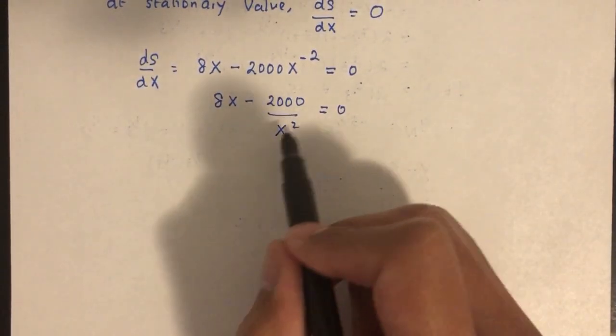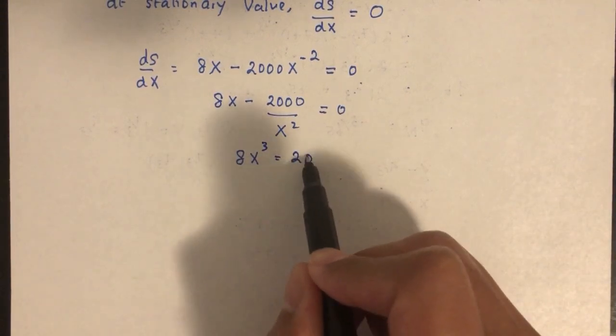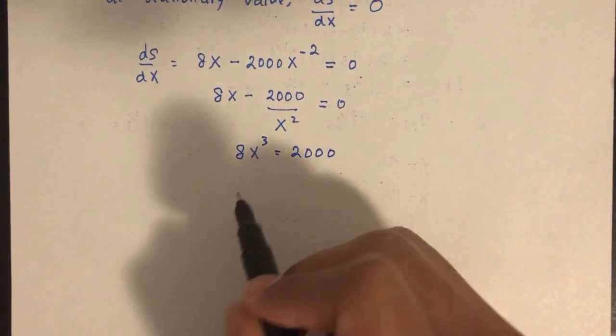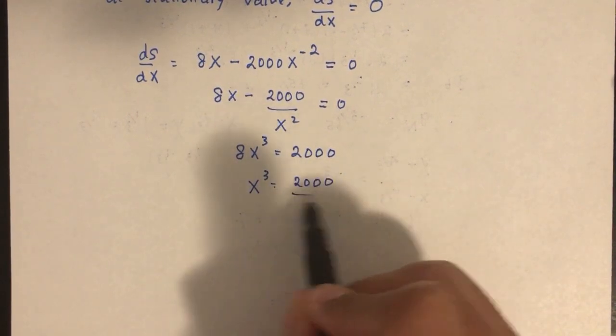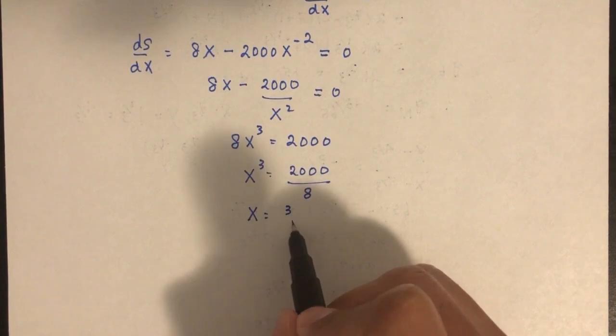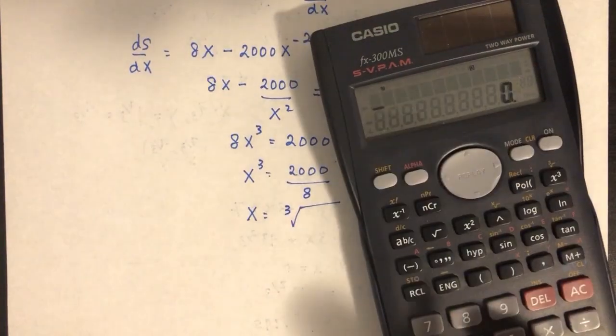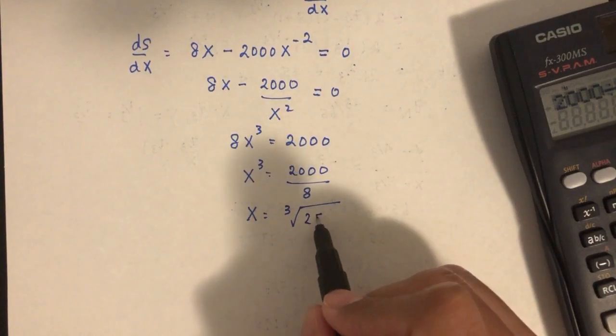We can multiply by x squared, we will have 8x cubed equal to 2000. So x cubed will be 2000 divided by 8. So x will be the cube root of, so what is 2000 divided by 8, that will be 250.